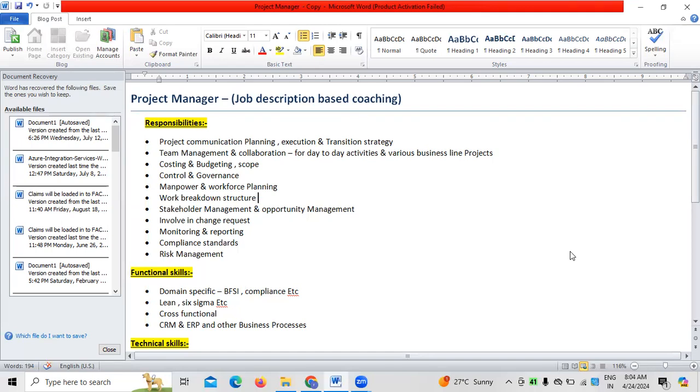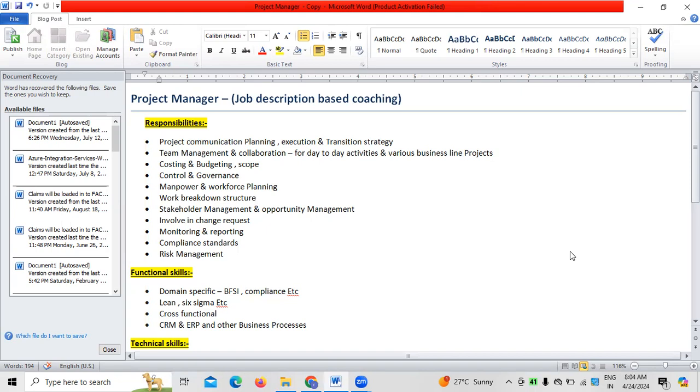When it comes to the responsibilities of a project manager, irrespective of the technology and irrespective of the domain we belong to, the first one is communication planning: how you are communicating the projects, and how the communication planning is made based on the high-level requirements against the RFP document given by the customer.